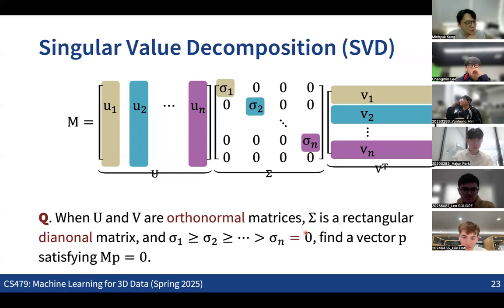If the matrix is not full rank, then the singular value will be 0, right? When you take the last column of V, Vn, and take the product with this whole decomposition, since V is an orthonormal matrix, the first n-1 elements become 0.